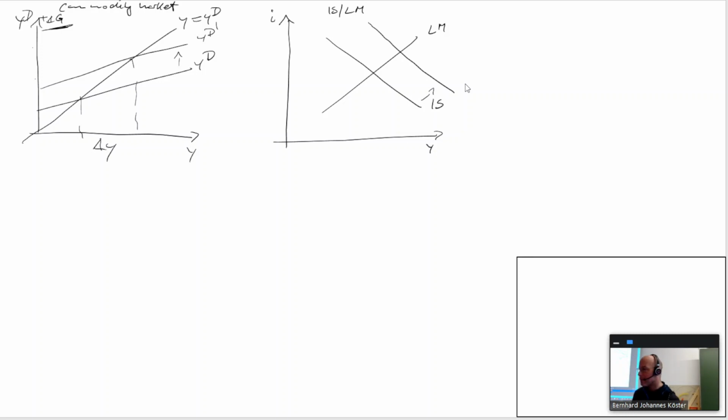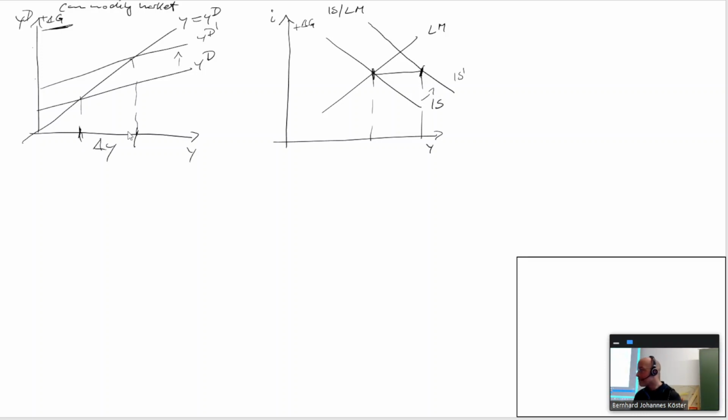This shifts upwards. If this is shifting upwards, what do we have? This would be, again, this total right shift, the impulse, which we can identify with the pure commodity market.